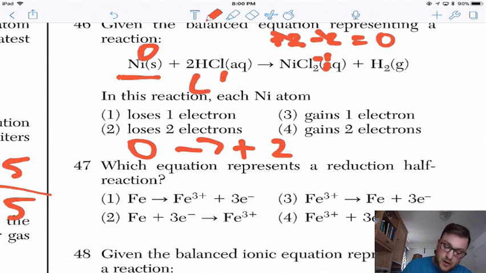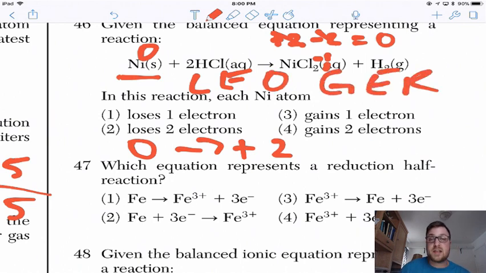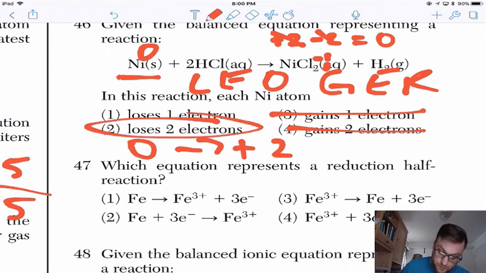Then apply the acronym LEO says GER. Lose electrons oxidation, gain electrons reduction. Well, we just said we were getting oxidized, so we must be losing electrons. Since it went from 0 to +2, it must have lost 2.